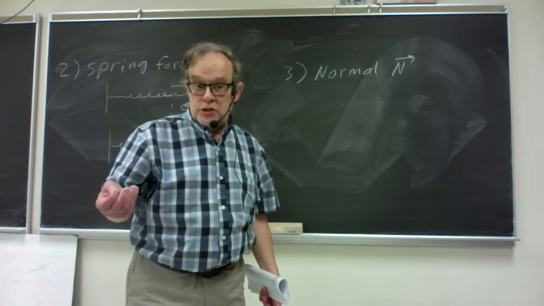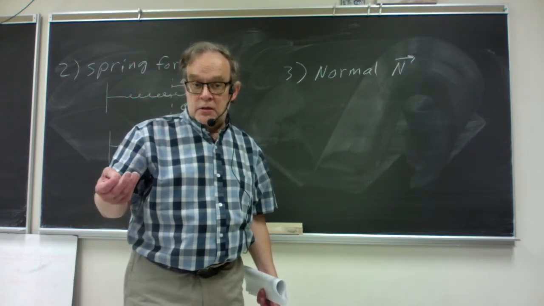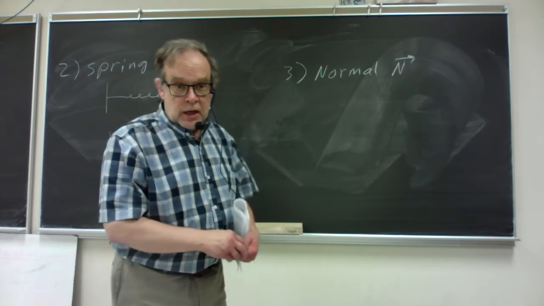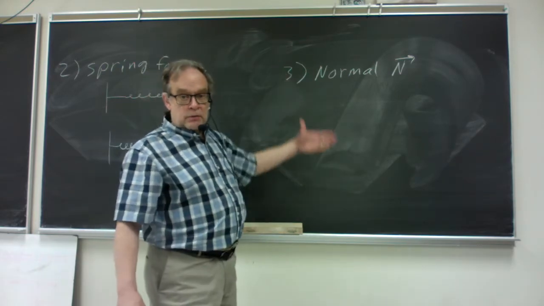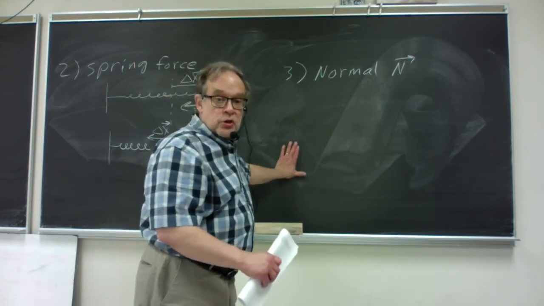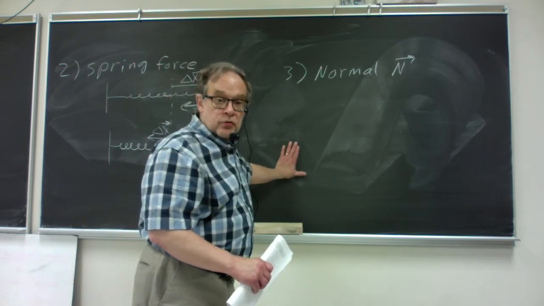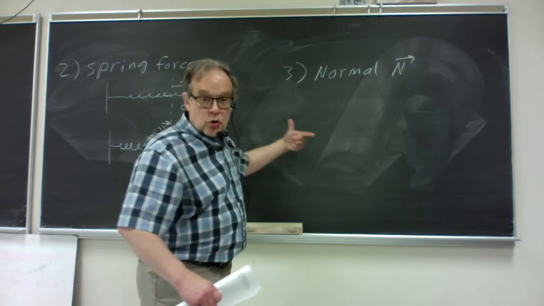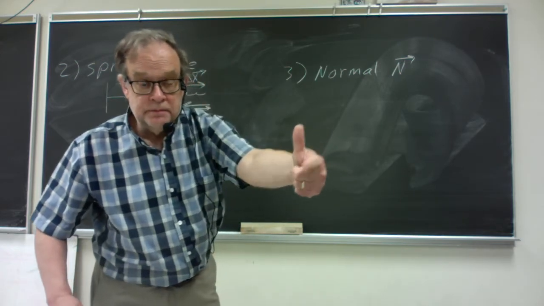A normal force is, to make a long story short, a push from a surface. And notice in this case, the surface was vertical, and the push from that vertical surface, the push from the blackboard on me, was horizontal.